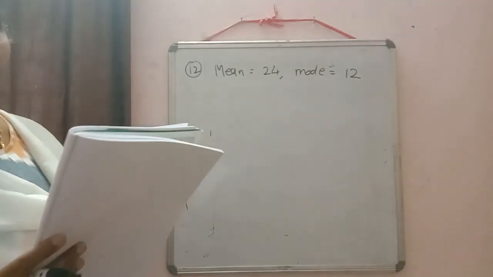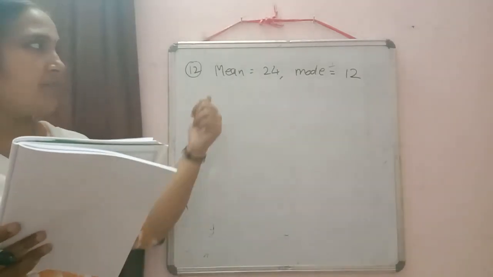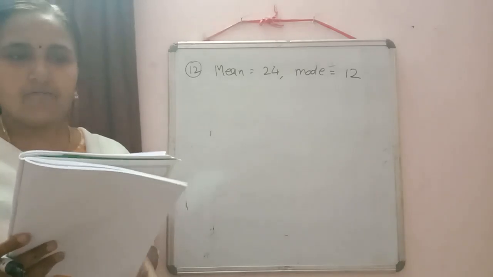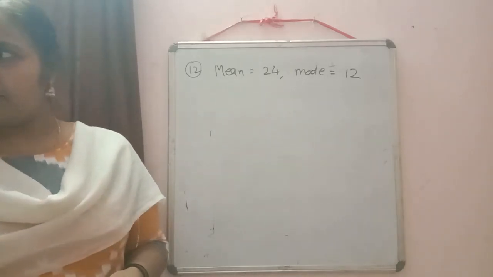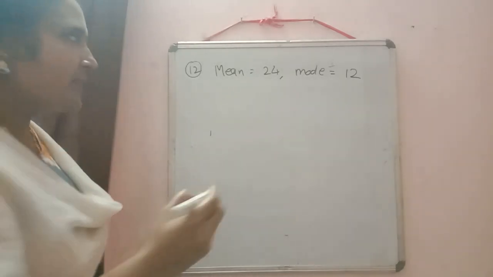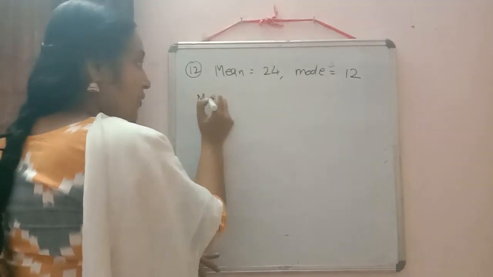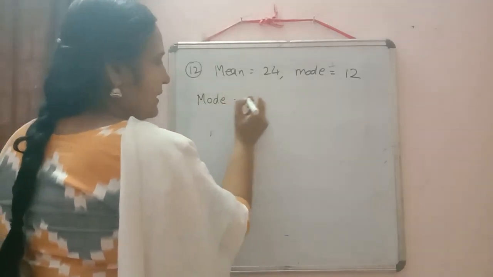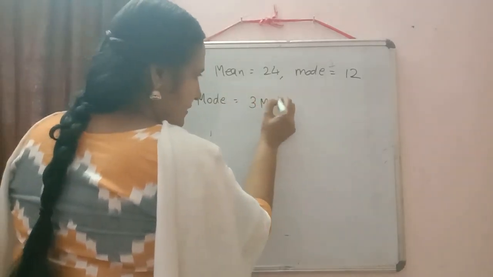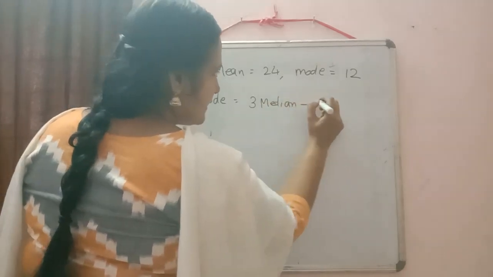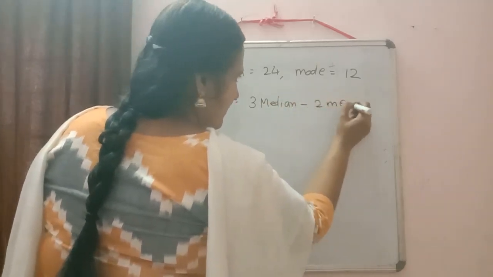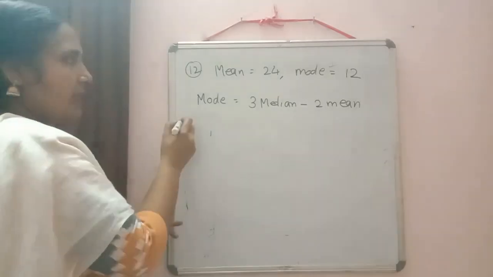Mean and mode of a data are 24 and 12. Find the median. So here we can use the relation. Yes, our relation: mode is equal to 3 into median minus 2 into mean.